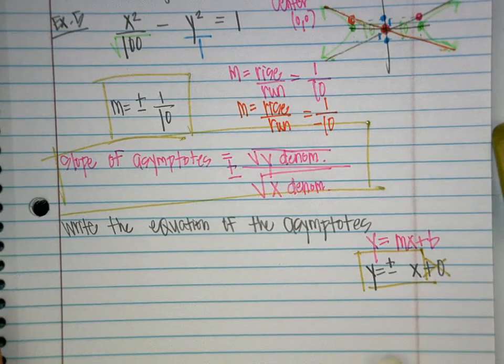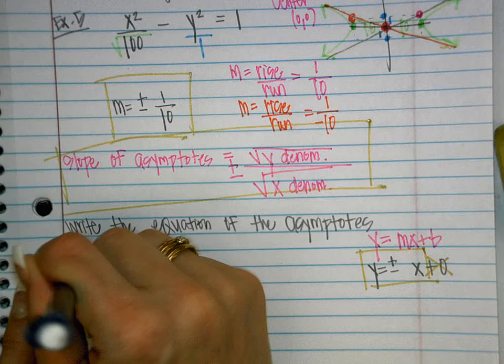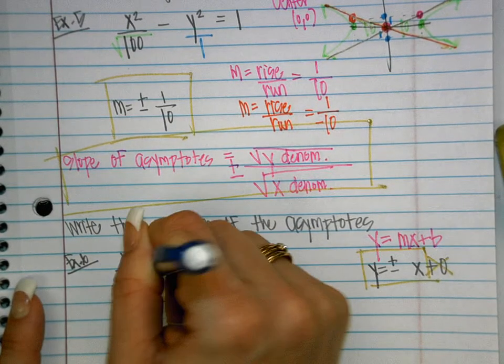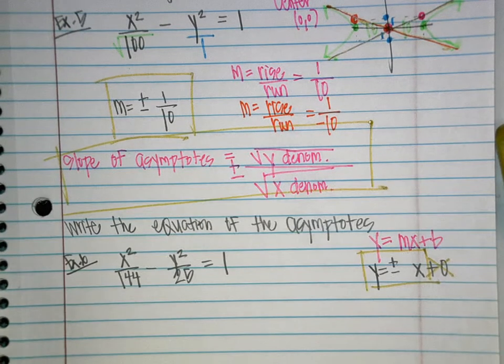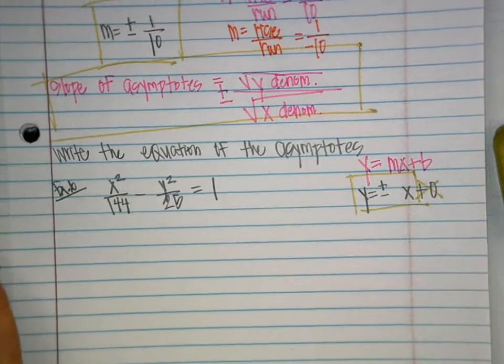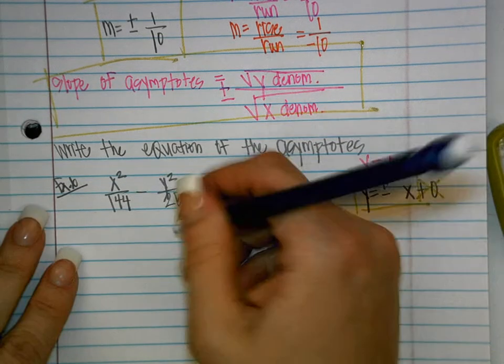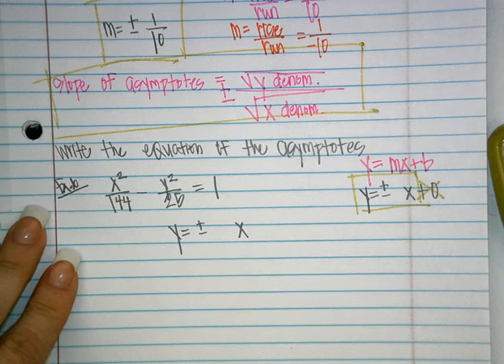Okay, when I give you the equation of, remember 6, x squared over 144 minus y squared over 25 equals 1. Now, this shortcut is only going to work if you have a 0, 0 center. Does this have a 0, 0 center? Yes. So to write the equation of the asymptotes, you just put in y equals, a plus or minus, put your x, leave space for the slope.